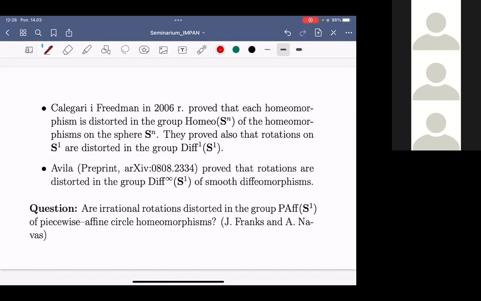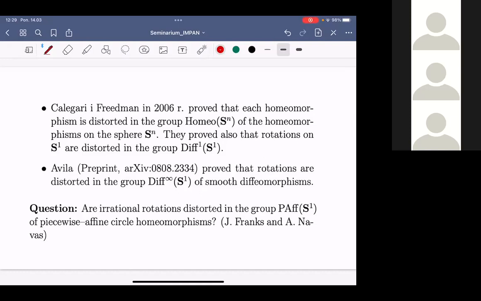Okay, at the same time, John Franks, Michael Handel, and many others asked about distorted rotations in other groups. In particular, it was asked whether irrational rotations, because the case of rational rotation is very simple.